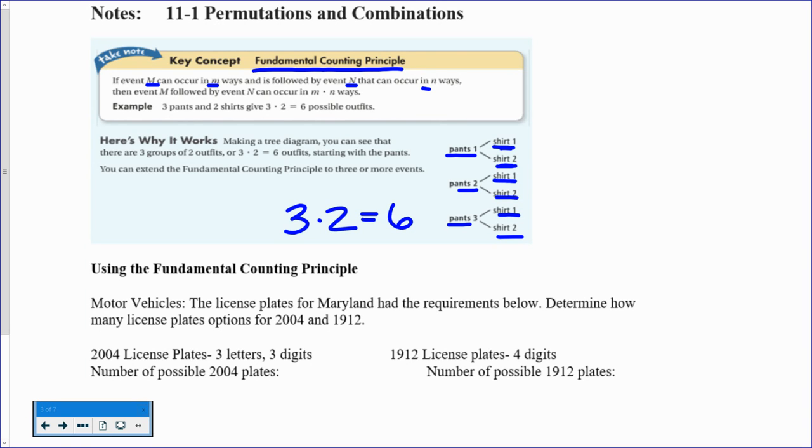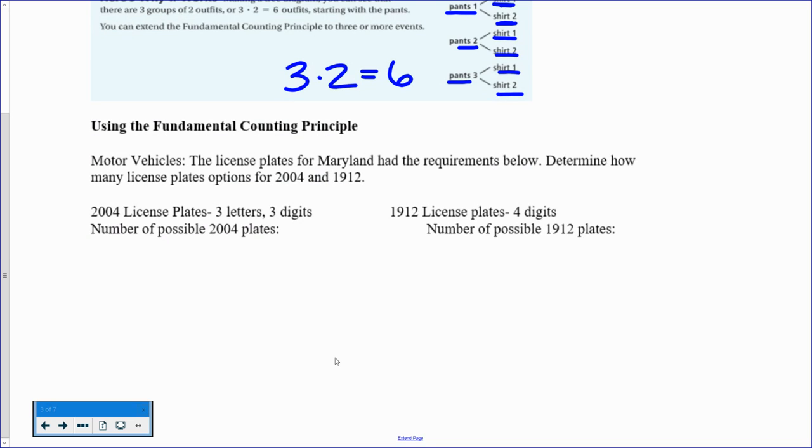So looking at a little bit more complicated of an example than just 3 times 2 would be looking at license plates. So the license plates for Maryland, their requirements are listed below. So if we look at 2004, what was required was there needed to be 3 letters and 3 digits, so 3 numbers. And then in 1912, only 4 digits were used. Okay, so we are going to find the amount of options there would be for license plates in these 2 different years.